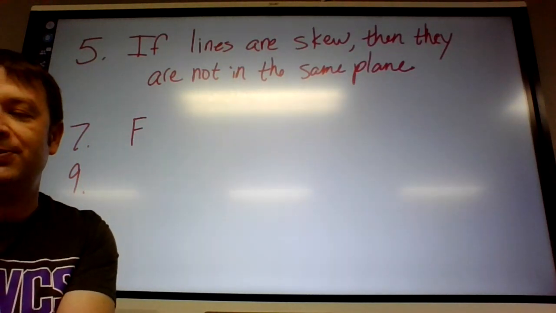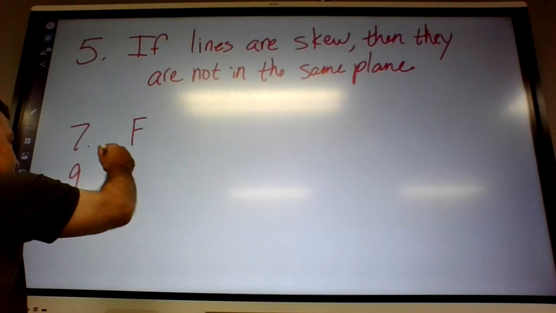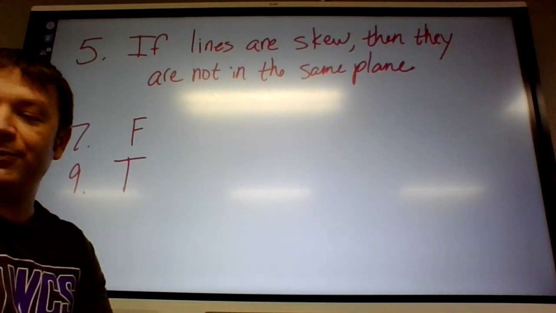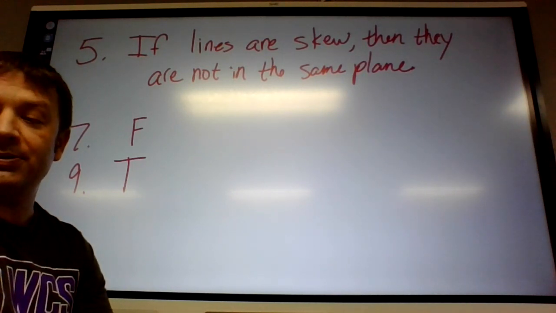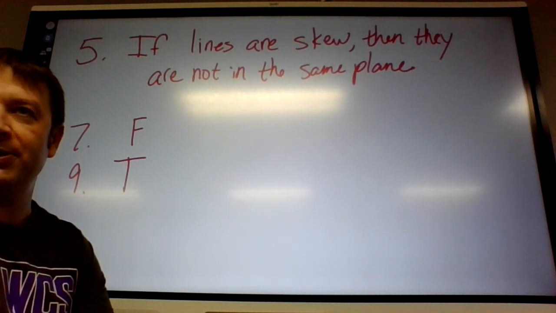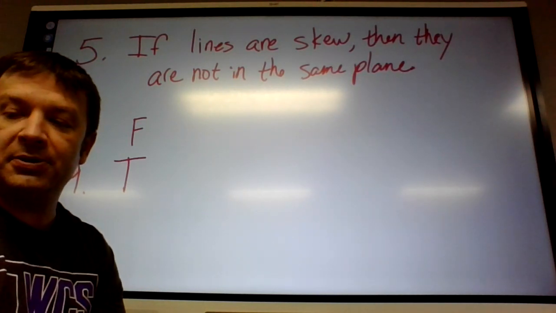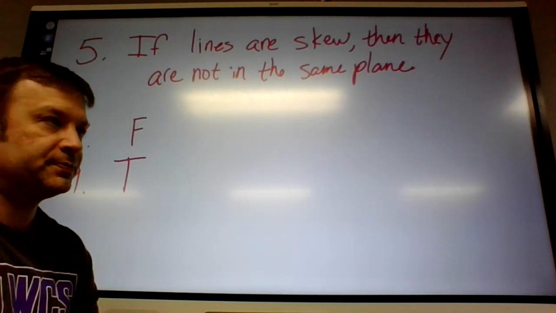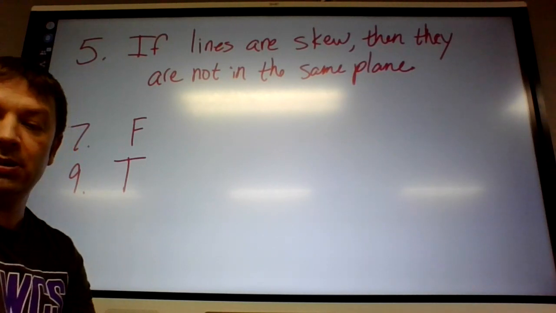They're just saying if this is true, is that going to be true? So they actually put true on that one. And might as well do 10 while we're at it because it's the same nonsense. 10, if 2 points are non-collinear. The problem with that is any 2 points have to be collinear because there's no way 2 points don't have a line between them. But if they were non-collinear, then 2 lines contain them. Yeah, that's true. Why are they so weird? Don't worry about 9, 10. Let's move on.